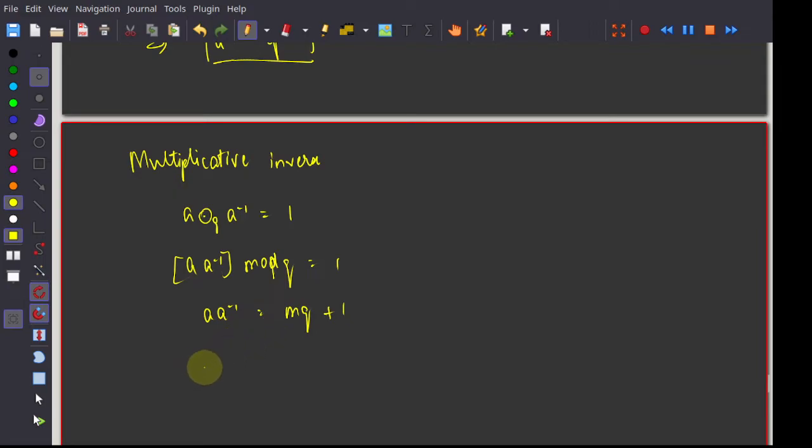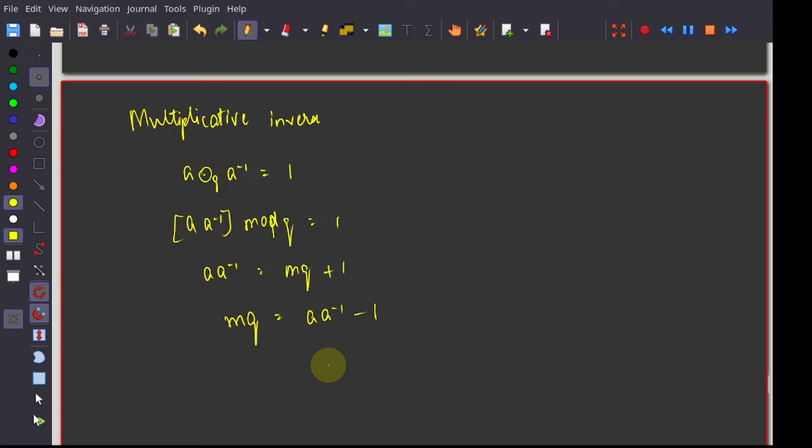Let us take some example. Let us take Q equal to 4, and let me take A equal to 2.